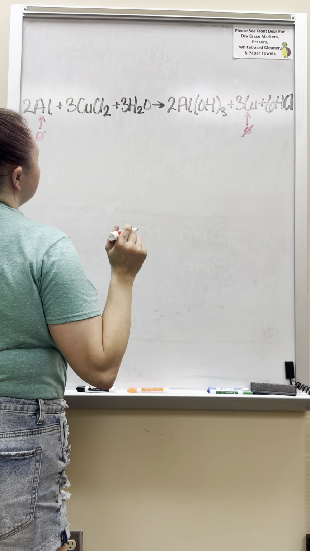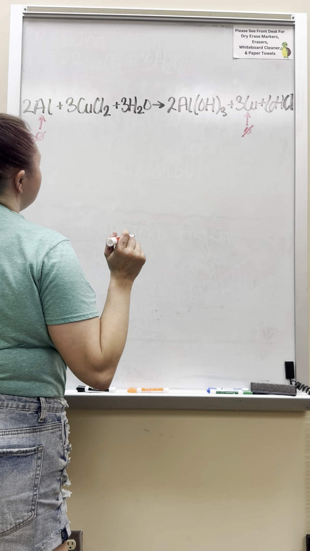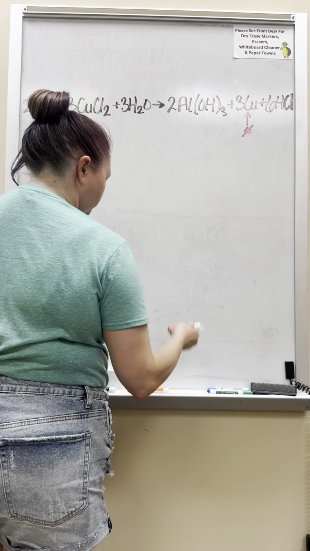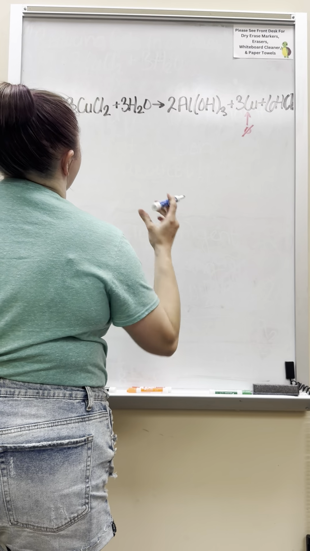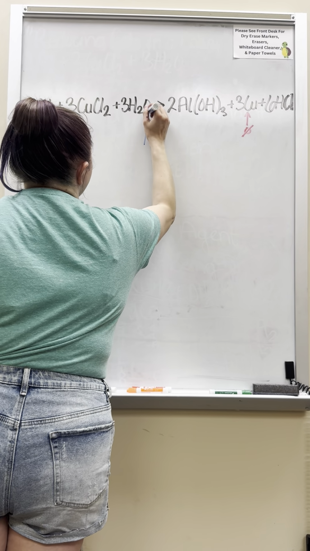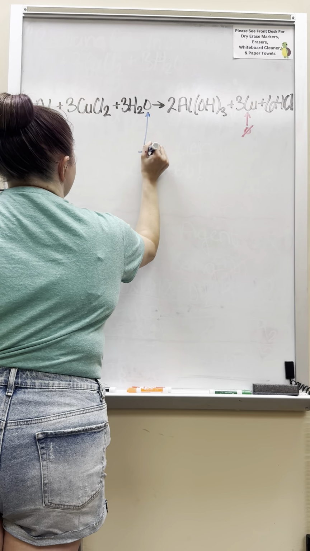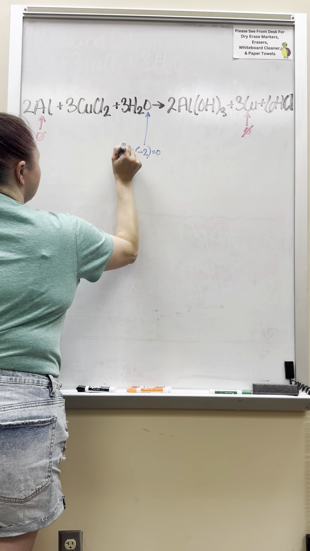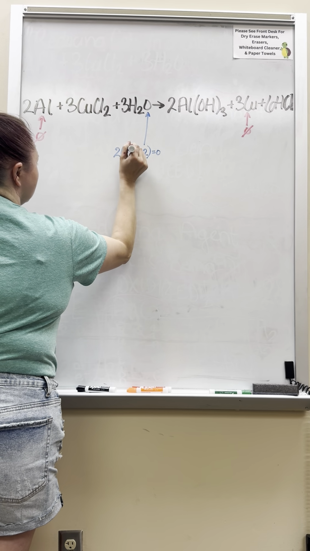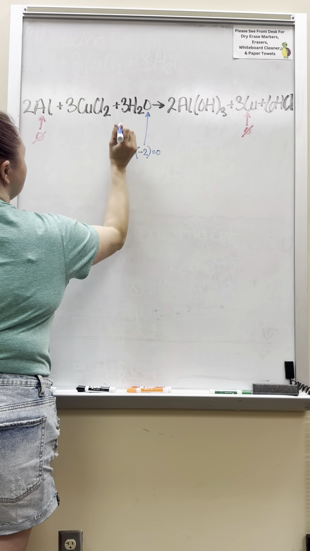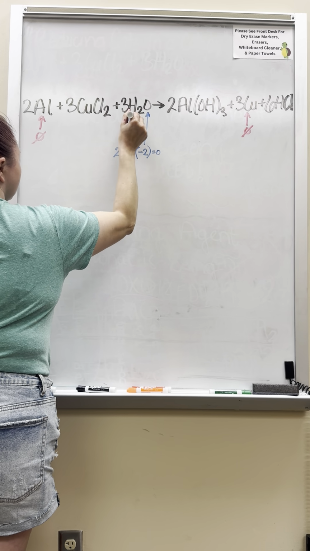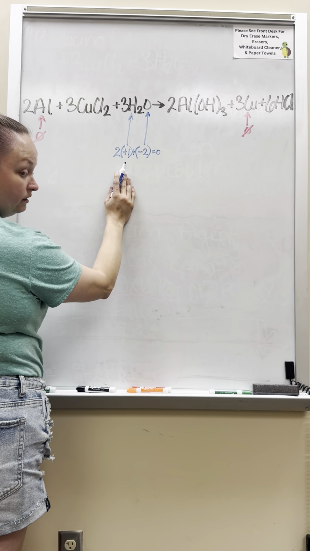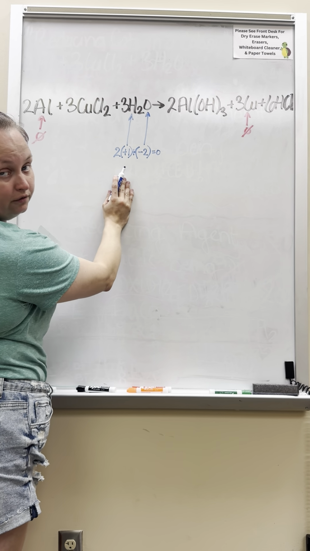Oxygen is normally -2. That H is +1. Okay? Do you understand why? Hopefully, because I'm not in front of you.